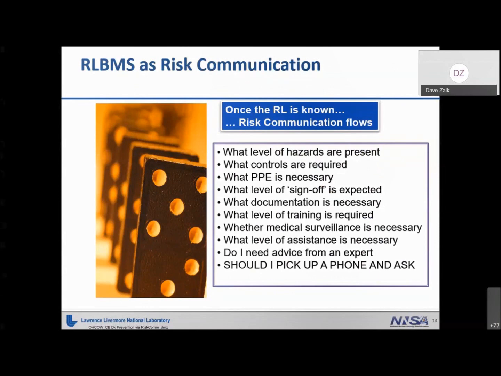Because once you know the risk level, the workers know what's the relative level of hazard, what controls they need, the PPE they need, what kind of sign-off or documentation, the training, medical surveillance, all that information flows once the risk level is known. And most importantly for me, managing a team with limited resources, is if they need any advice from an expert, if something changes about the work, it started at a risk level 2 and something changed and they're not certain, I just want them to pick up the phone and call our team to ask that question.